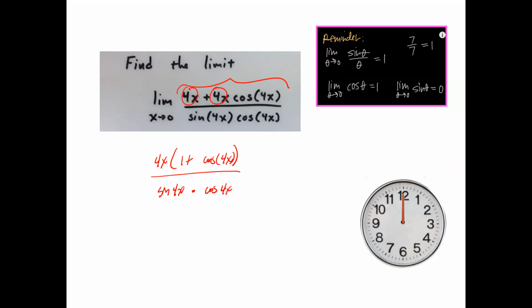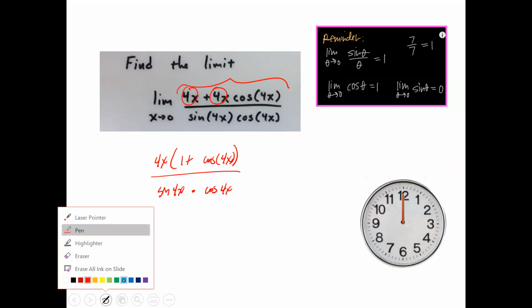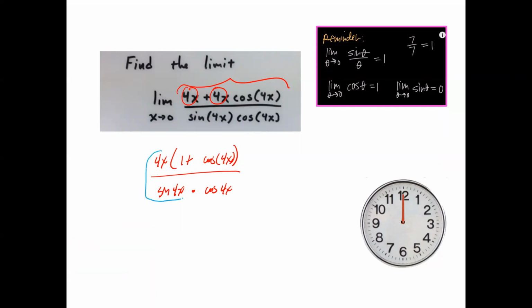So then I'm going to ask myself, okay, is there any way for me to use one of these formulas? And I can see that I have a sine 4x with a 4x. So I'm going to split my limit. So my first limit is as x approaches 0, I have a 4x over sine 4x times, and I have a 1 plus cosine 4x over cosine 4x.